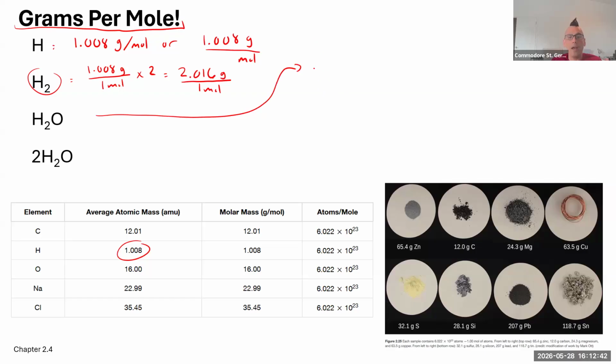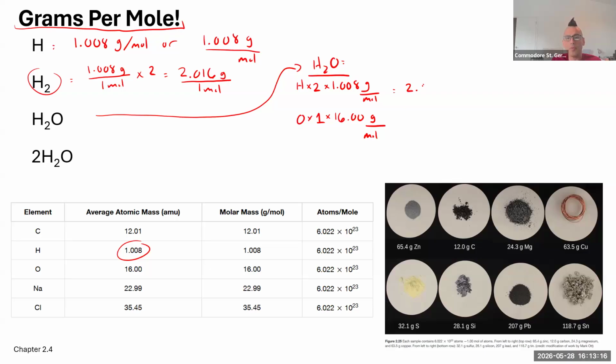All right, H2O means we have hydrogen. We have two of them. Each hydrogen is 1.008 grams per mole. We have oxygen. We only have one of those times 16.00 grams per mole.